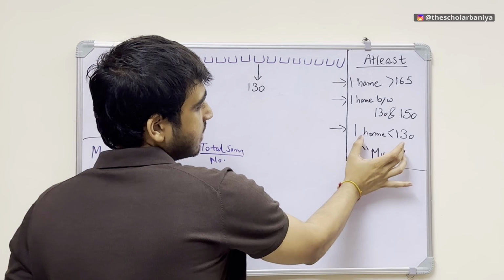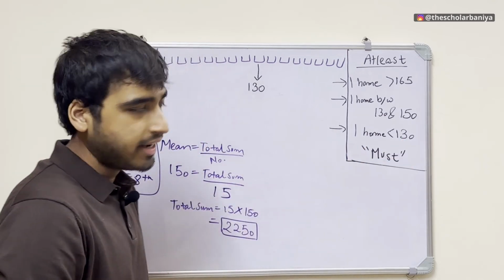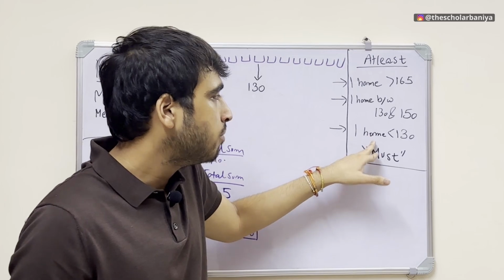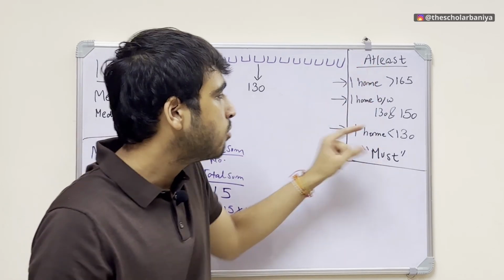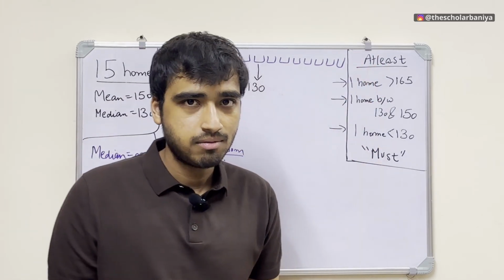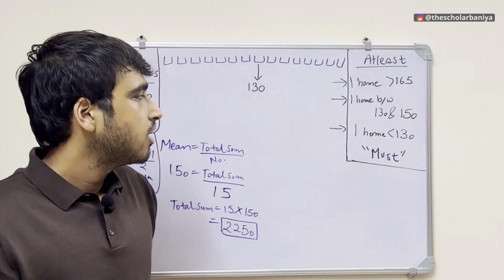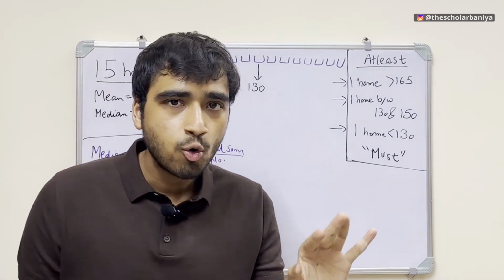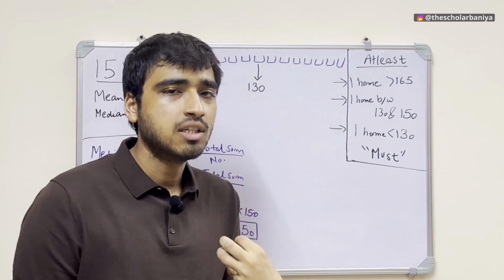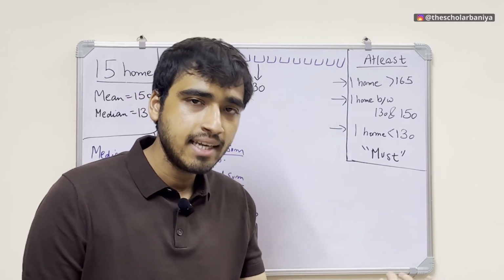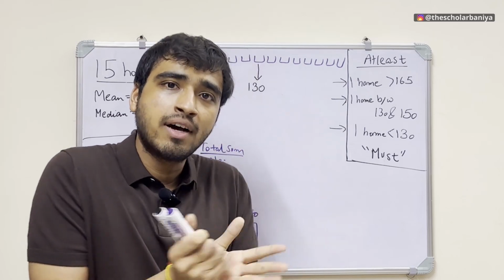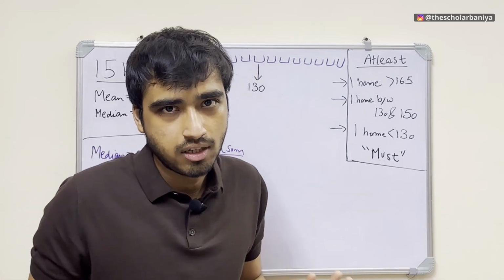First, let's start with the third option, right? It says that the price of at least one home should be less than 130. So let's assume there is no home whose price is less than 130. Or you can say that all the homes have prices either 130 or greater than 130, right?